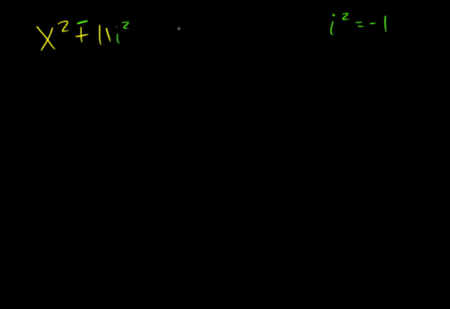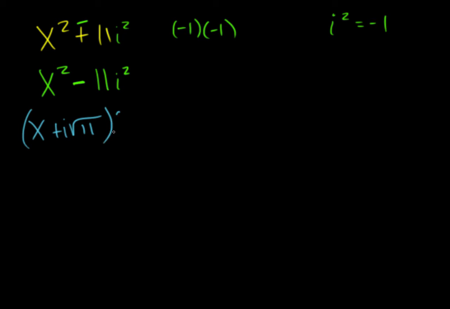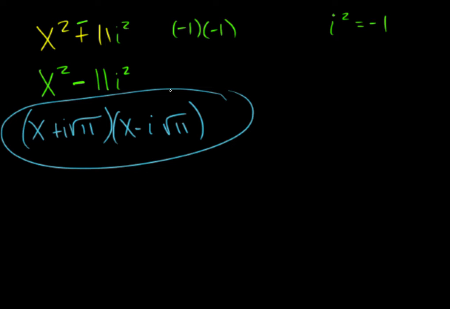So essentially we're multiplying by -1 two different times. So it's like x squared -1 and then 11 times -1. Okay, if we do that, then we get x plus the square root of 11 i, and x minus i square root of 11. And that's our answer. Okay?